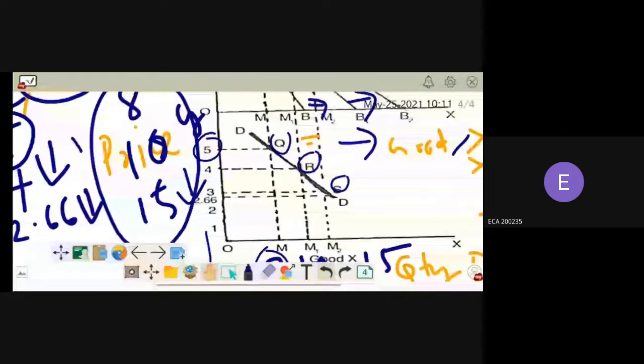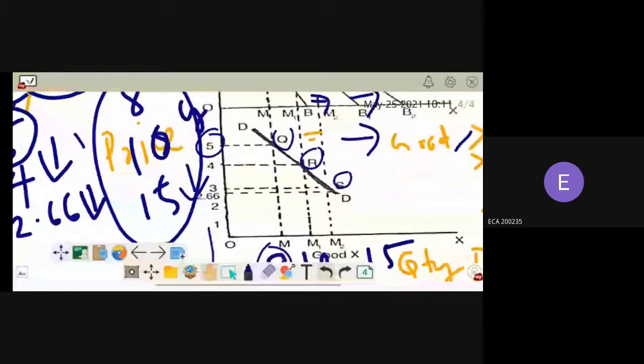So when we connect all those points, we get the demand curve DD, and the demand curve is a downward sloping curve, showing that when the price increases, less will be demanded, and when the price comes down from 5 to 2.6, the quantity demanded increased from 8 to 15.